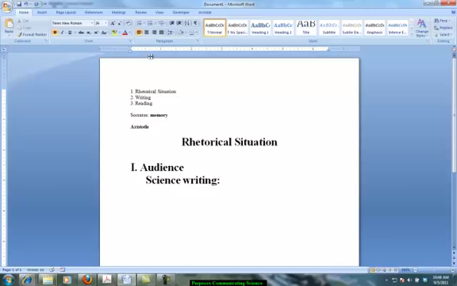In science writing, you have three audiences. You have a primary audience, and the primary audience is your scientific specialists. These are the people who practice in the field that you practice in.